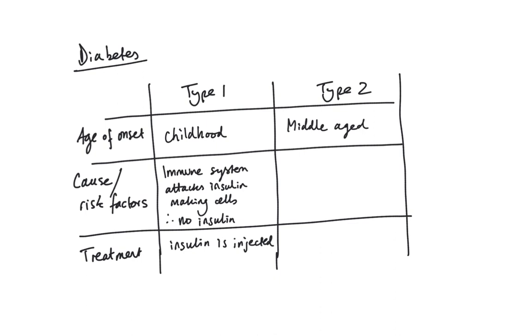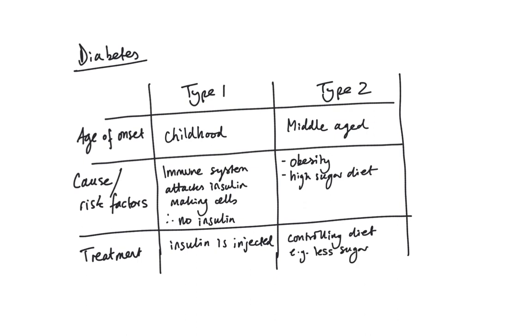Type 2 is not an immune thing, it's risk factors, and the major ones are obesity and a high sugar diet. Therefore, the first treatment is controlling sugar intake, so controlling diet, e.g., less sugar.